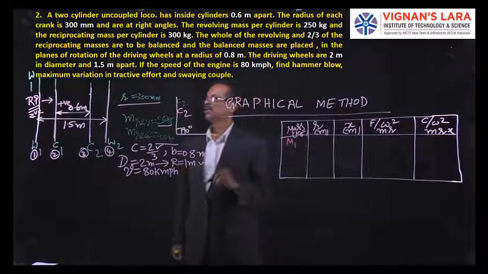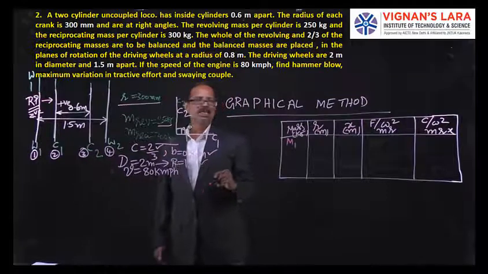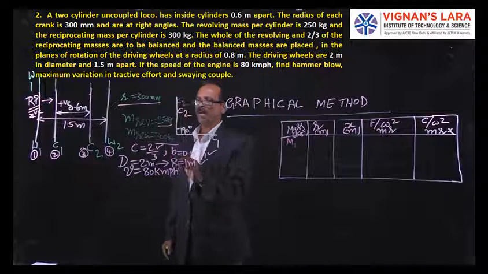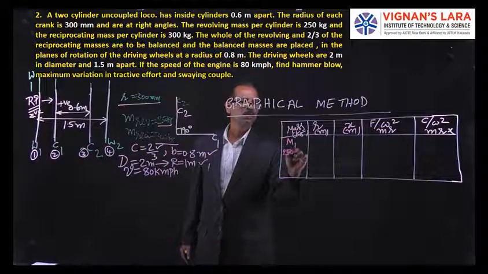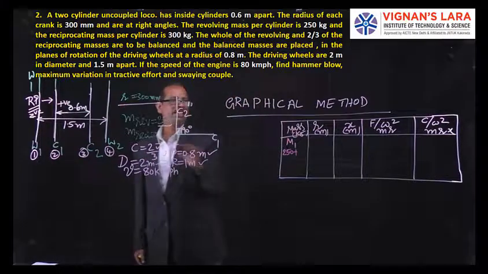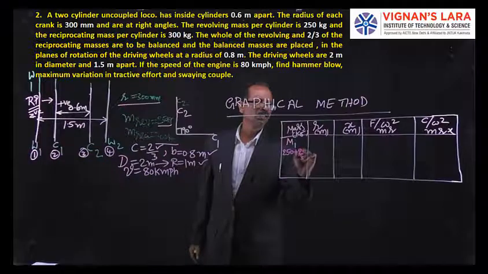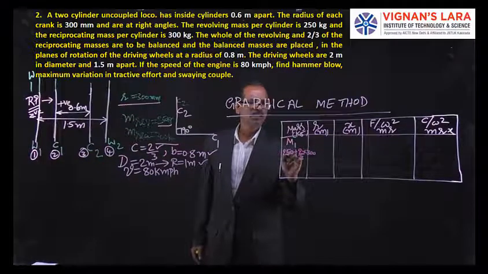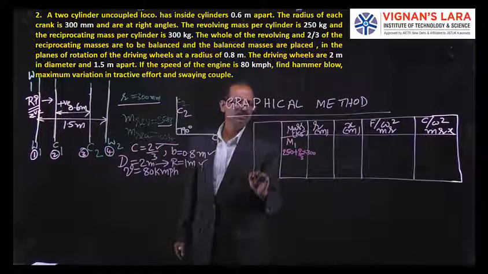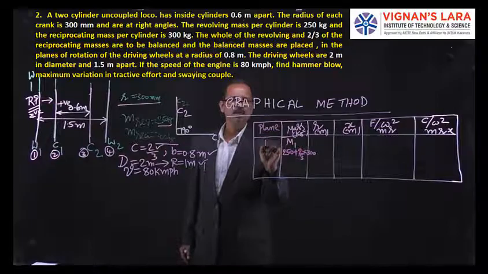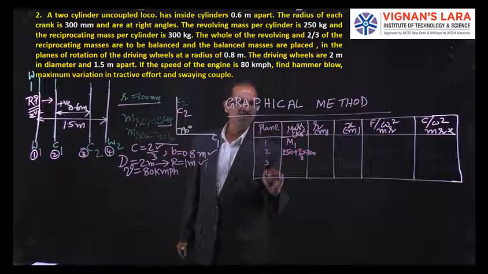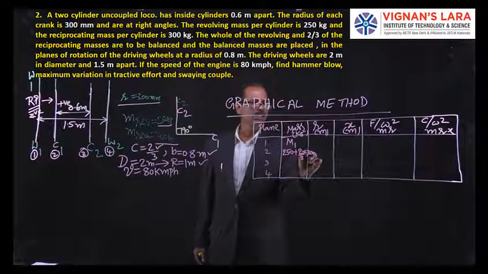M1, and plane 2 is cylinder 1. How much do we have to balance? The complete revolving mass, that is 250, plus 2/3 of the reciprocating mass, that is 2/3 into 300. So 250 plus 200 is 450.